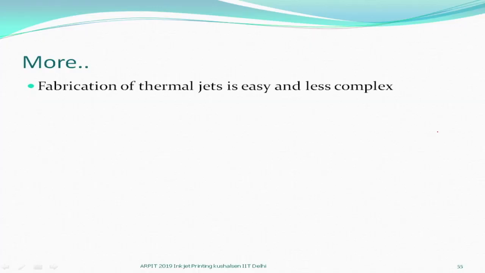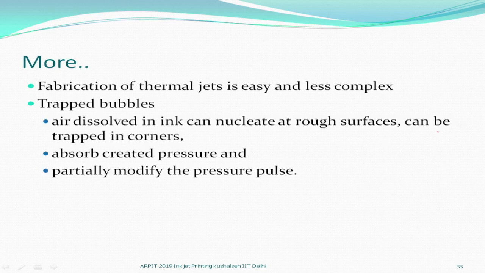So, in some sense one can say a fabrication of a thermal jet is easy, less complex, but the trapped bubbles can cause some problems, because the air which is dissolved in the ink can also, at the rough surfaces of the chamber, cause various bubbles. So, they are the nucleating areas.